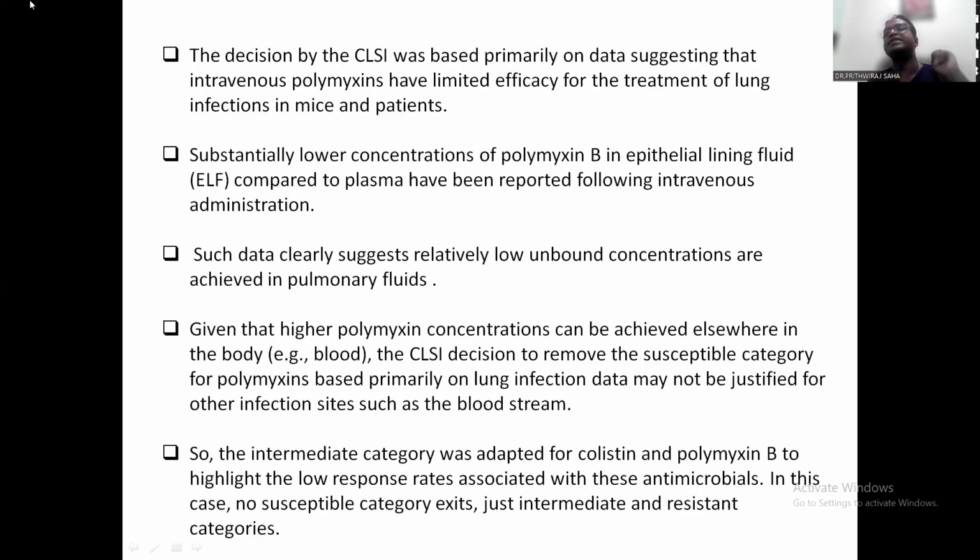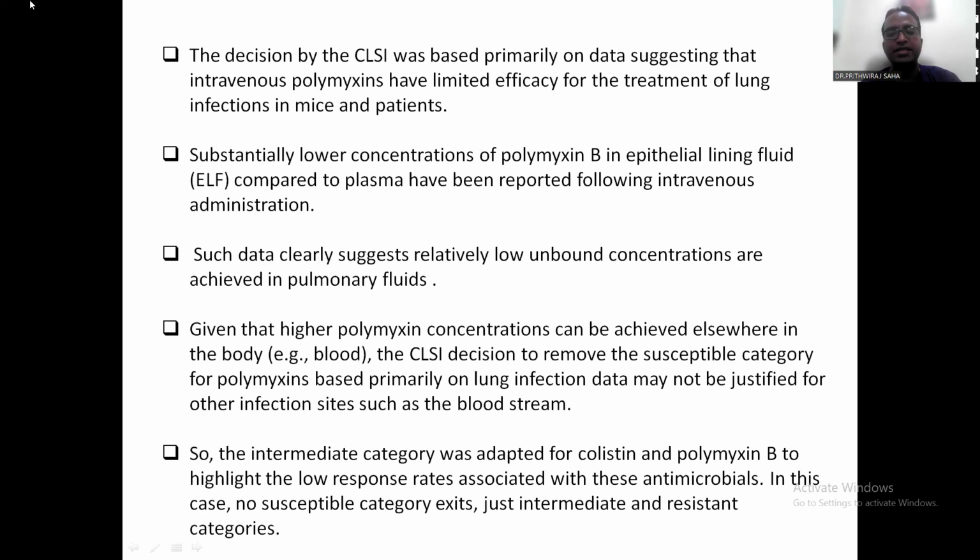So colistin and polymyxin are I according to the CLSI. Less than or equal to 2 is not a susceptible MIC. It is the intermediate category. The reason it was done is that it achieves a very poor concentration in the lung if administered IV. So you cannot call this drug susceptible, because susceptible drugs have a high chance of treatment success, right?